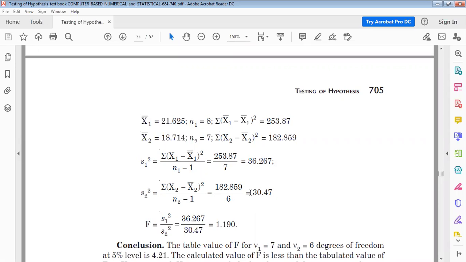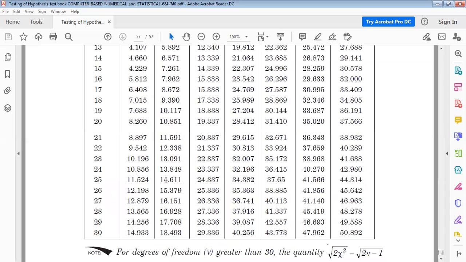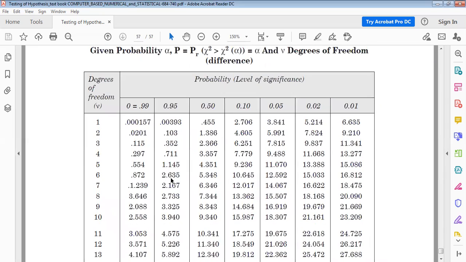So S1 square is greater than S2 square, which means capital F is greater than 1. The table value of F for degrees of freedom 7 for the first sample and 6 for the second sample at the 5% level is 4.21. We get this from the table for the capital F test.